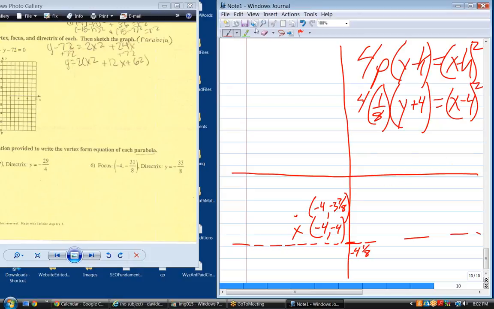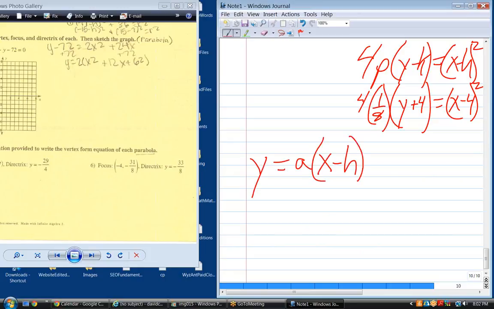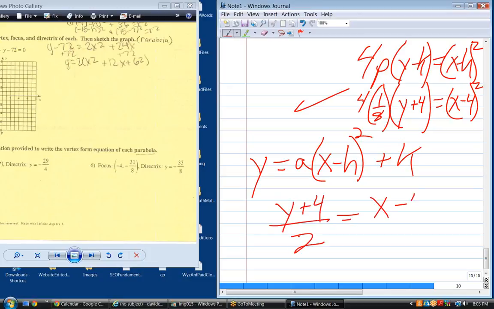So now we have to take that equation and convert it to vertex form. And vertex form, again, is y equals a times x minus h squared plus k. So let's convert that. What we have is y plus 4 over 2 equals x minus 4 squared.